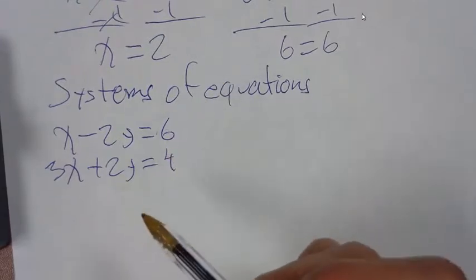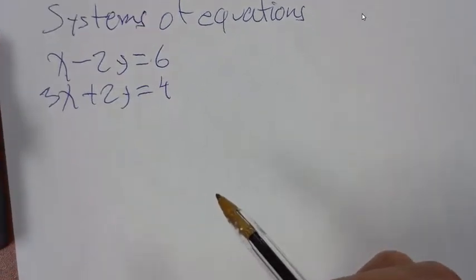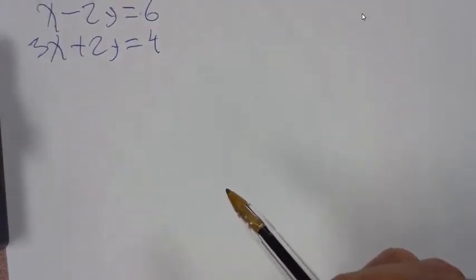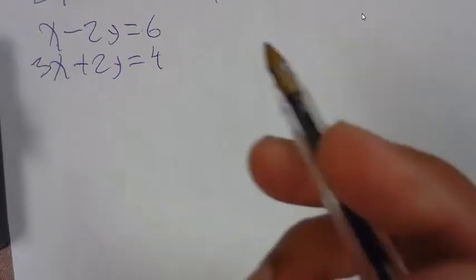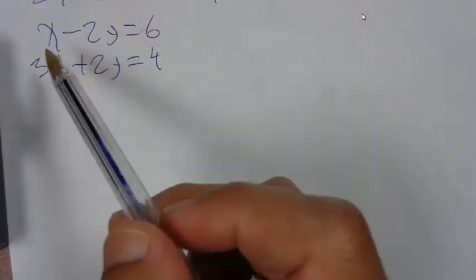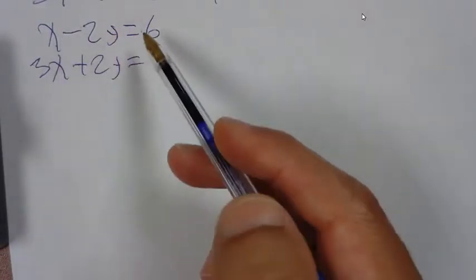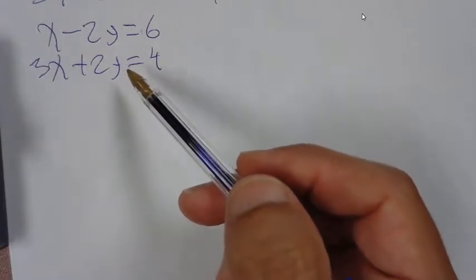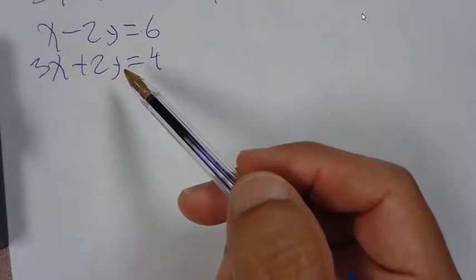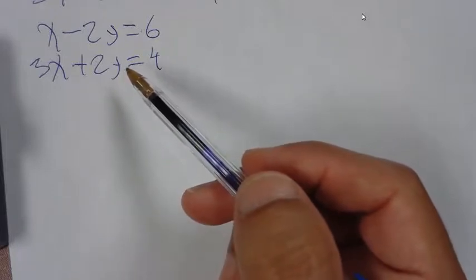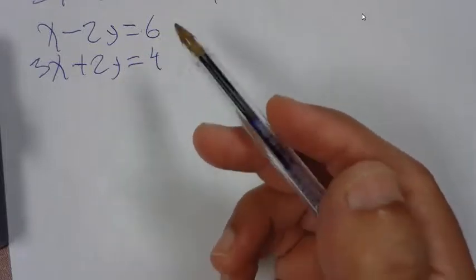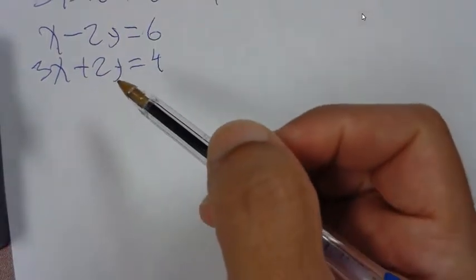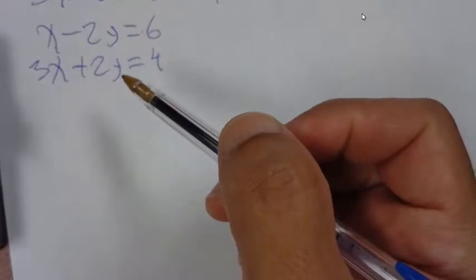The first thing we need to get very, very clear is that when we have two systems of equations, and I have my notes here, let me pull them up close to me. When we have two systems of equations, we can do different things.